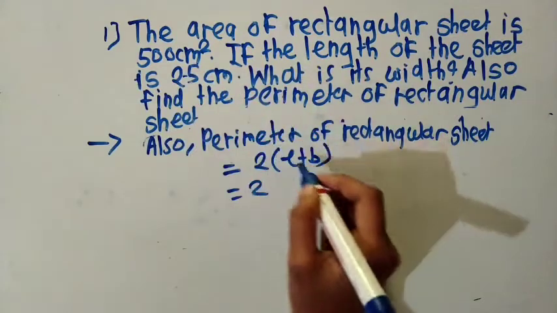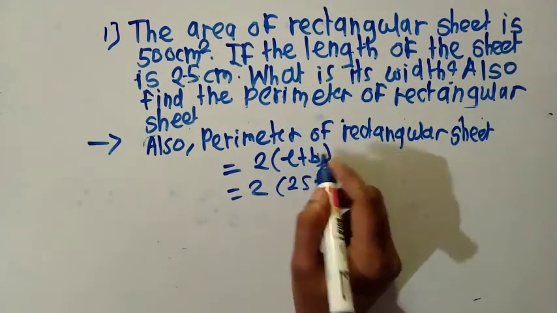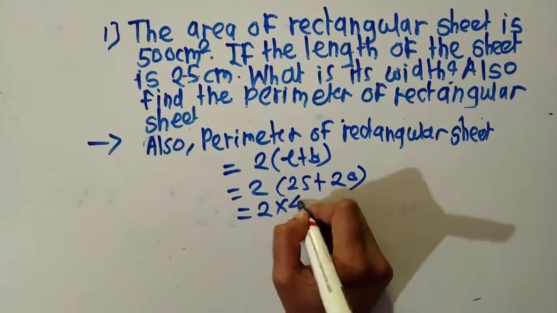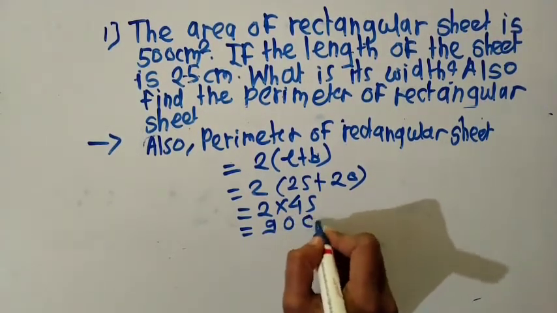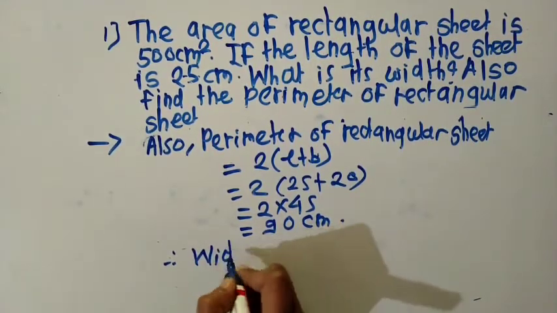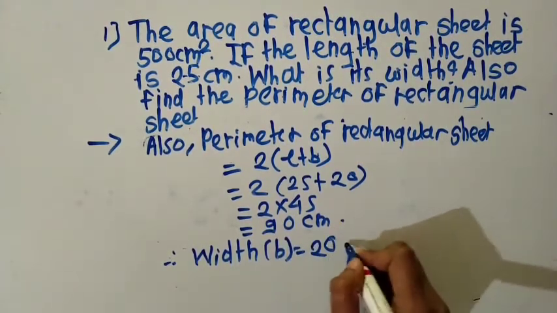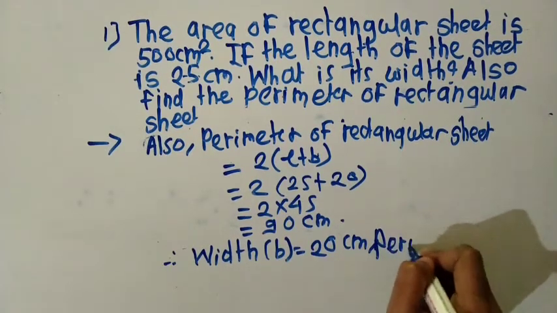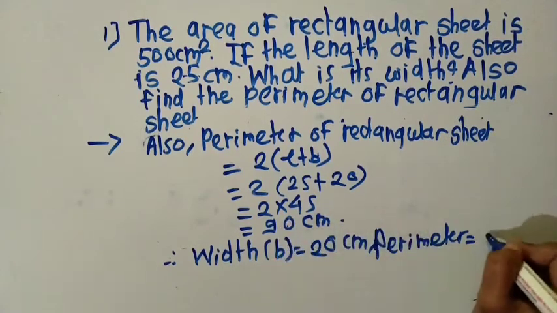Here length L is 25 and breadth is 20. So 2 into 45 is equal to 90 centimeter. Hence, last we write width B is equal to 20 centimeter and perimeter is equal to 90 centimeter.